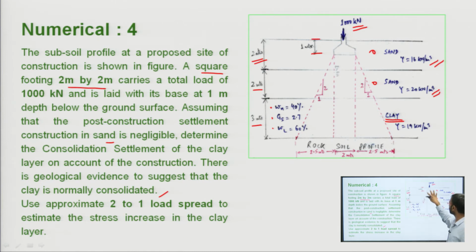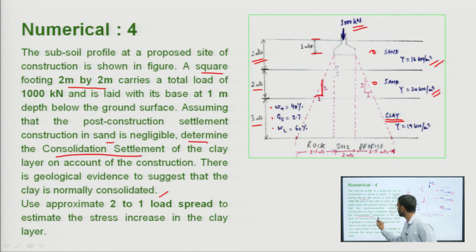Okay. So we have assumed the load as a 2:1 spread, so 2 vertical to 1 horizontal. Now you have to understand where we consider the settlement. We always try to find out the settlement. See here, determine the consolidation settlement of the clay layer on account of the construction.